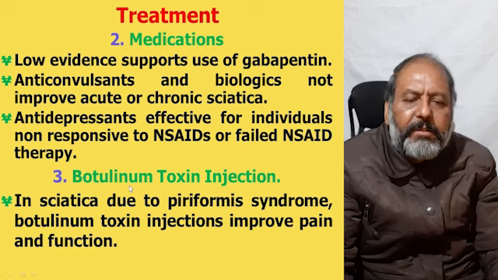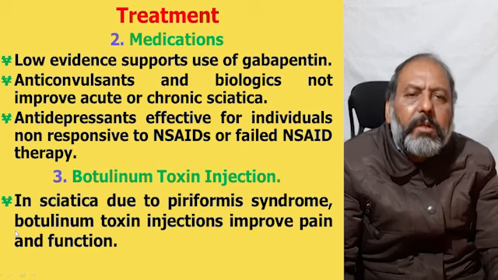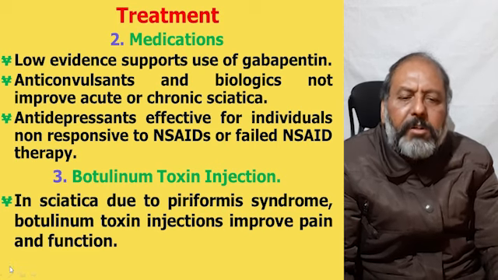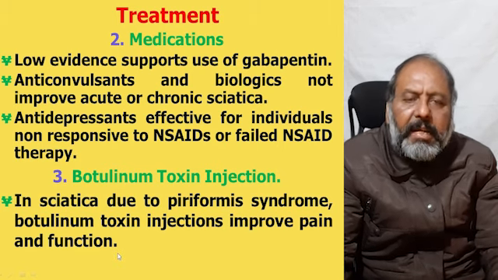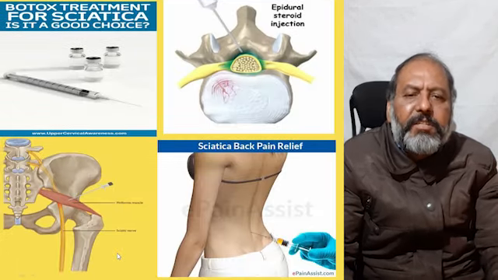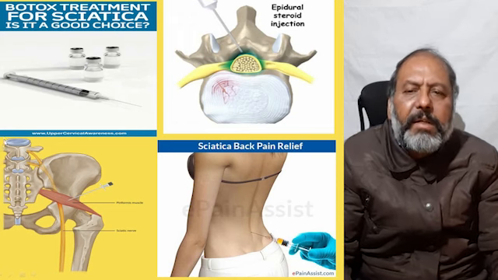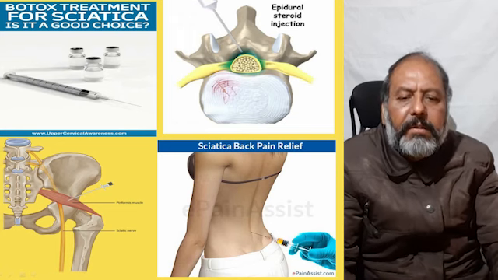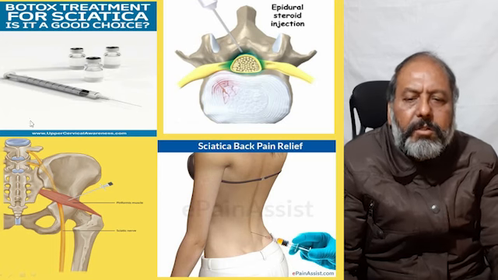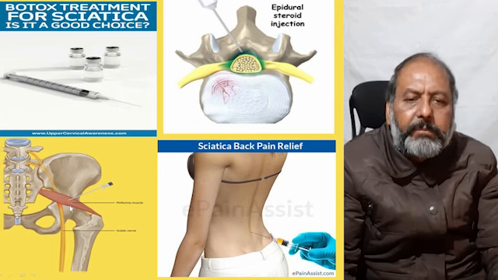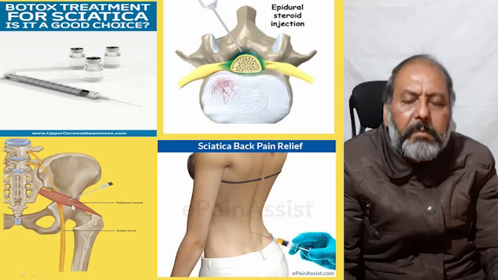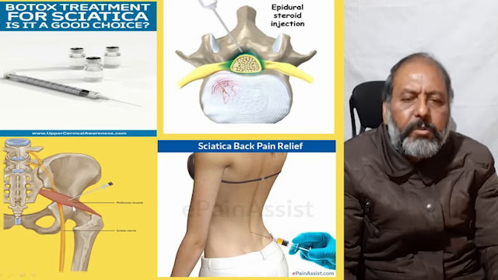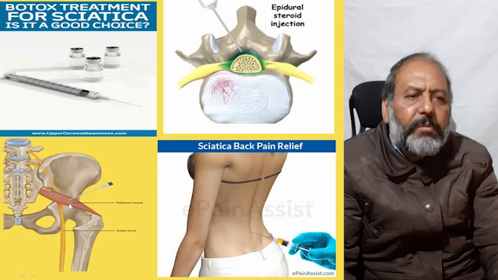Third kind of treatment is botulinum toxin injection. If the sciatica is due to piriformis syndrome, botulinum toxin injection improves the pain and the function of the muscle and ultimately gives relief from the sciatica. So here one can see Botox treatment being given to the piriformis muscle by this needle to inject the botulinum toxin to get relief from this piriformis syndrome.